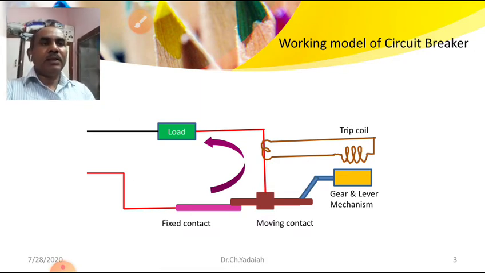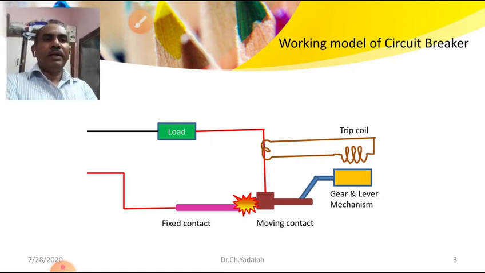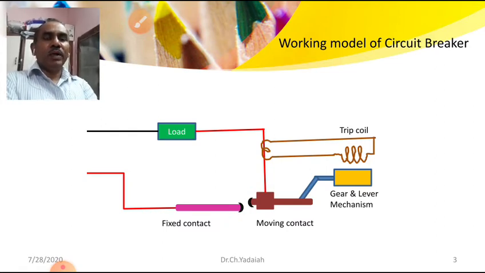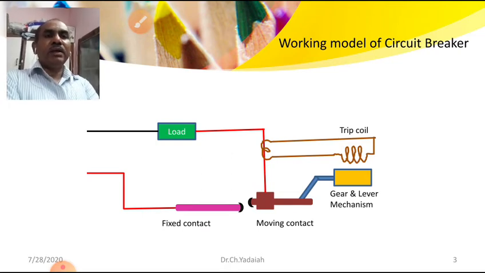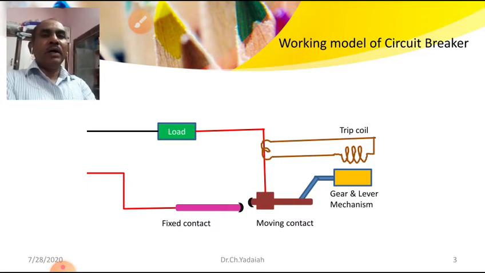Now what is happening? A simple circuit you can see. When the closed part is opened by the mechanical lever and gear mechanism, the gap between the two electrodes increases. Previously, before opening, the fixed contact and moving contact overlap each other, so the contact area between the two contacts is more. Once the signal is given to the mechanism, the moving contact moves towards the right side, then the contact area goes on decreasing.